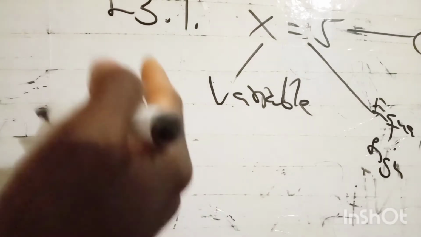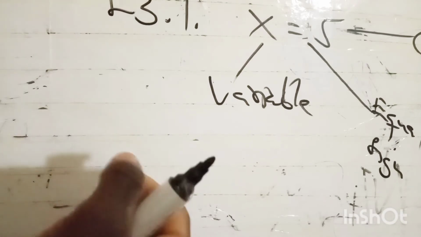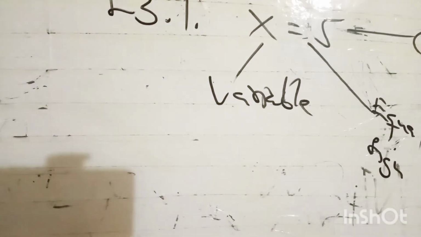Now, the focus of the discussion is on how to find the value of a variable in a given linear equation where the variable is only 1.